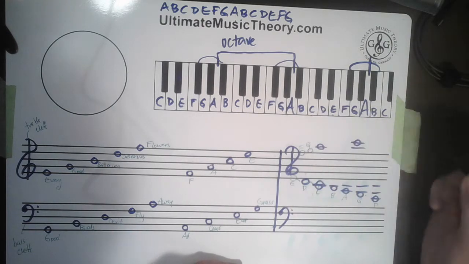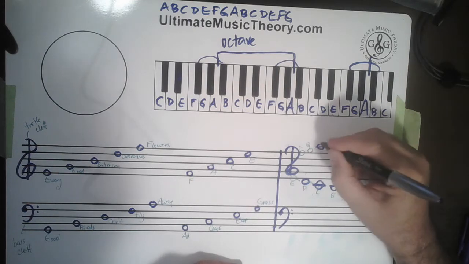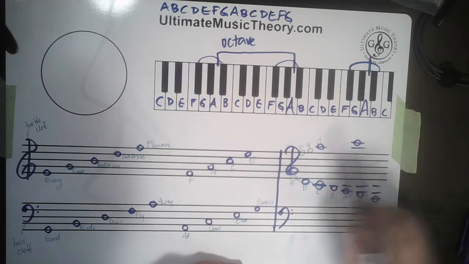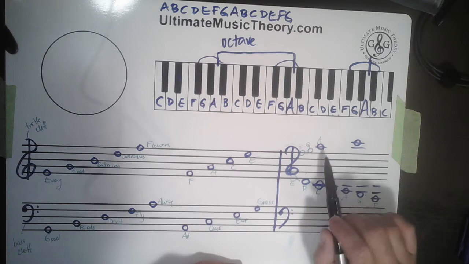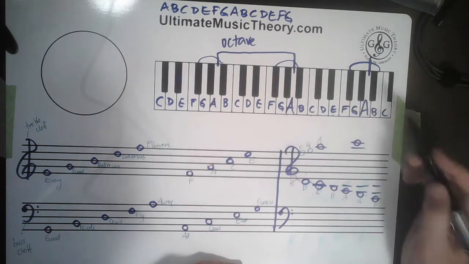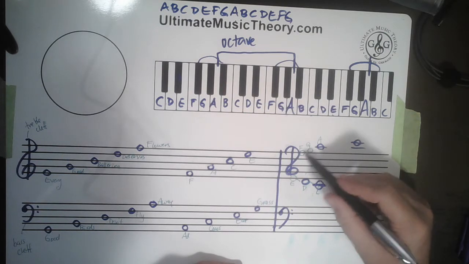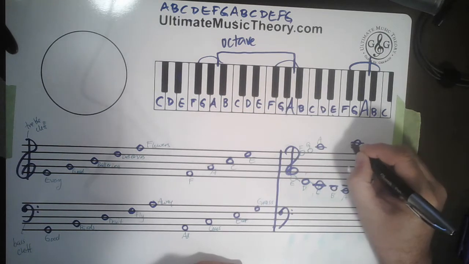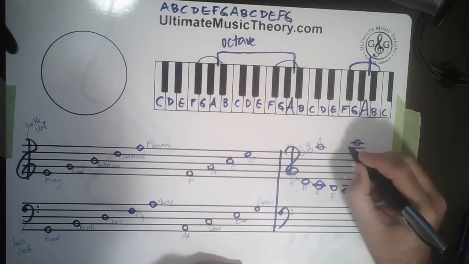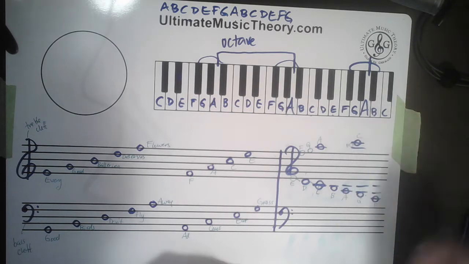That's going to be G. From G, we go up to A. That's the letter A, which would be like way, way high up here on the keyboard. Now, if we want to figure out what this is, we go F, G, A. That would be B. And that makes this C.